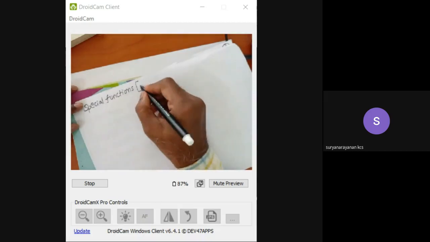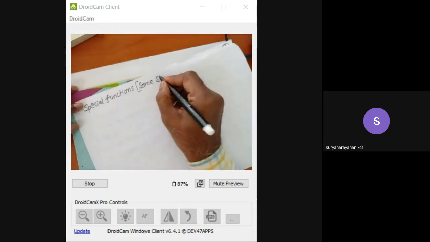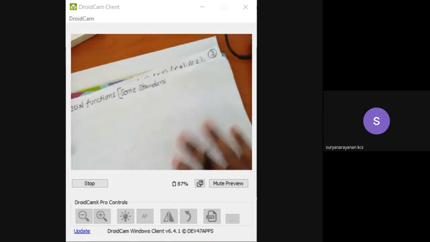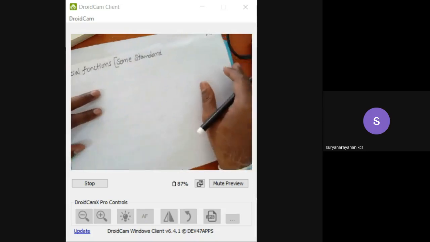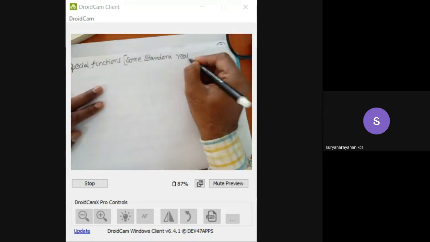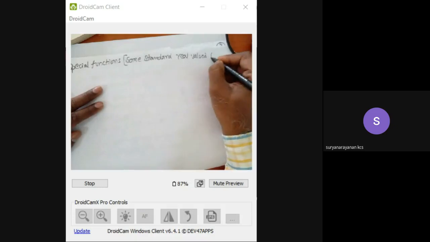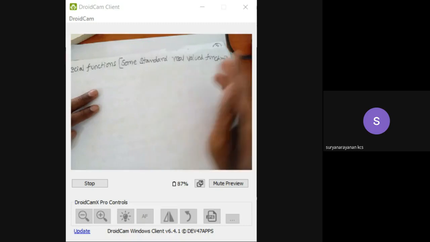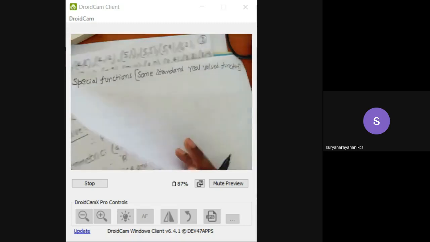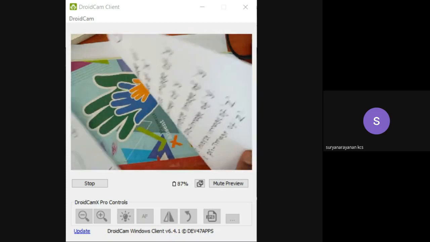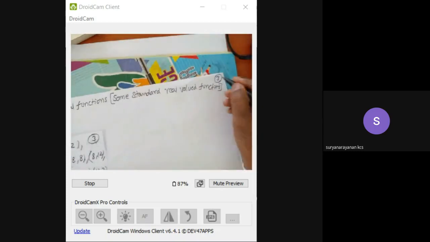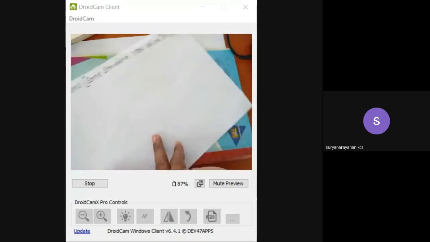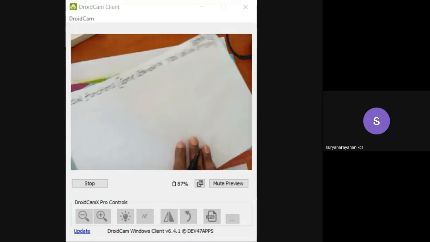Special functions are some standard real valued functions. Do you remember that standard functions we have studied in earlier class?